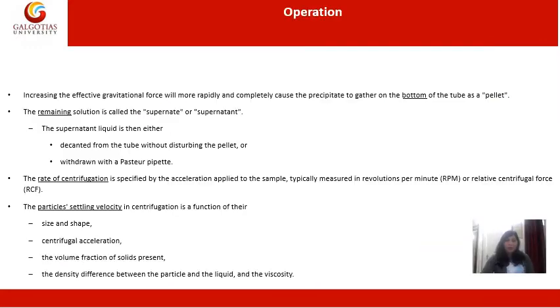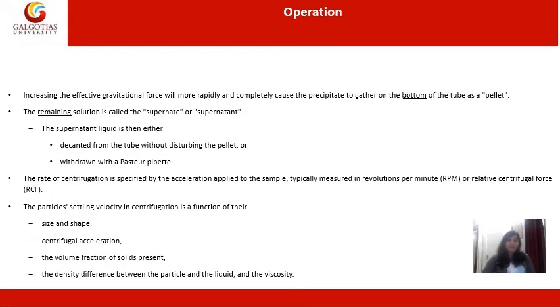Now, coming to the operation of centrifugation. When we increase the effective gravitational force, that will more rapidly and completely cause the precipitate to gather at the bottom of the tube, and that aggregate or precipitate is known as the pellet. The remaining solution is called the supernatant.